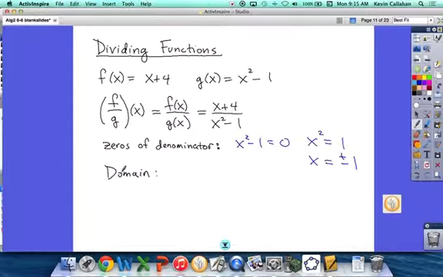So the domain is all real numbers, meaning I can plug in any real number for x, all real numbers except x equals 1, x equals negative 1.